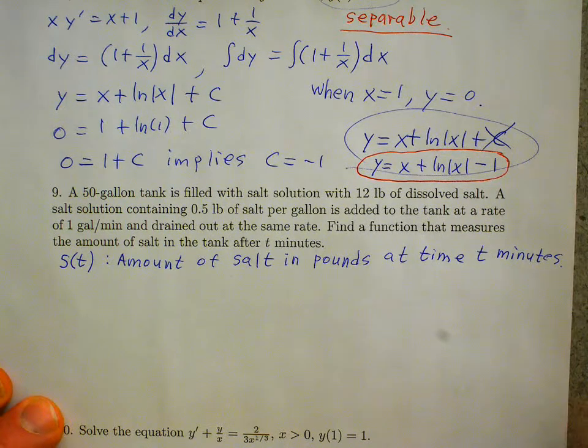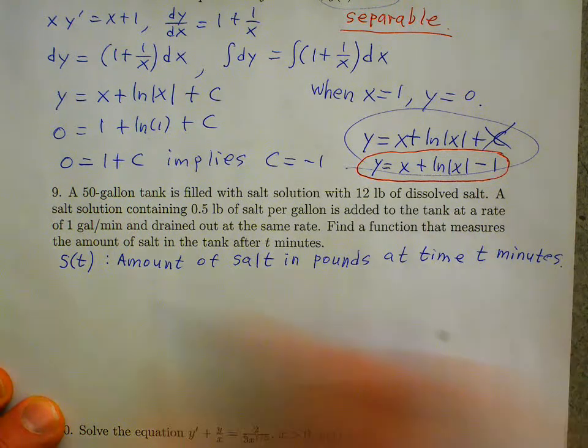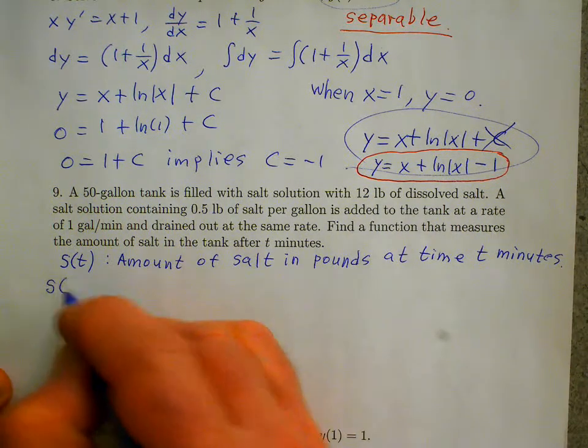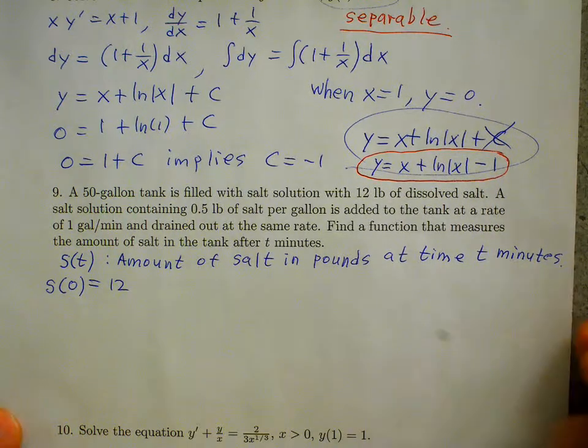So we observe, since we're starting out with 12 pounds in the 50-gallon tank, S of 0 is 12. That's like an initial value.